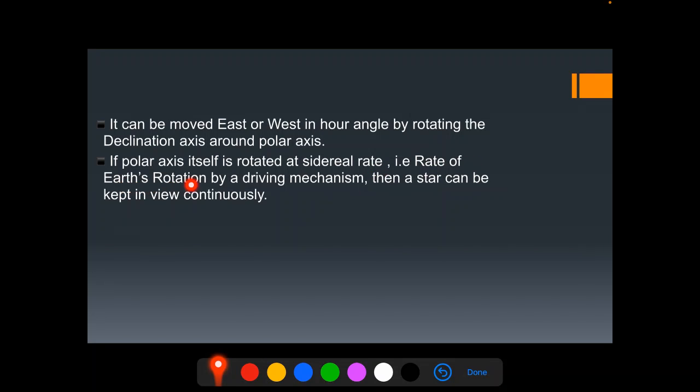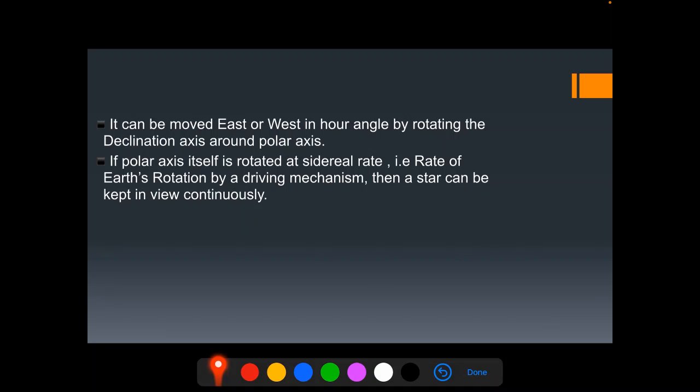So if the polar axis itself is rotated at the sidereal rate, what is the sidereal rate? It is the rate of Earth's rotation, by a driving mechanism, then a star can be kept in view continuously, getting it? The position of the stars or the planets or any object changes in the sky due to the Earth's rotation around its own axis.